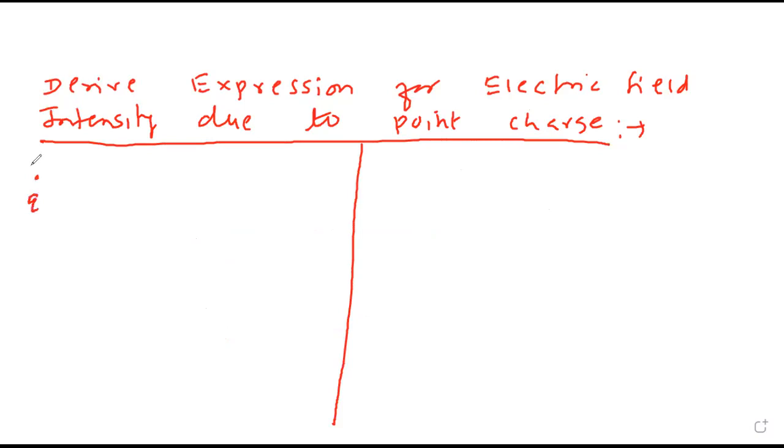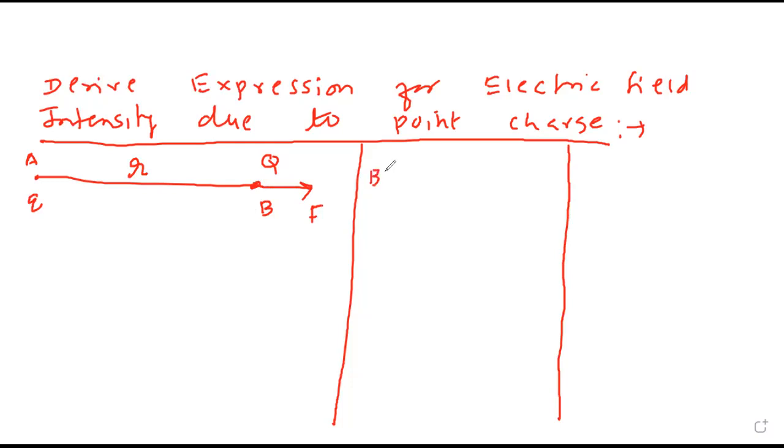Suppose q is a point charge at A and capital Q is a charge at B, separated by distance r. So force acting on this q is suppose F, which will be repulsive in nature.